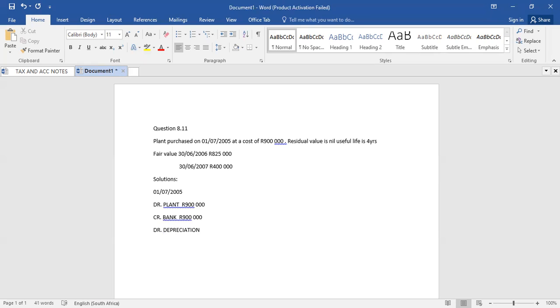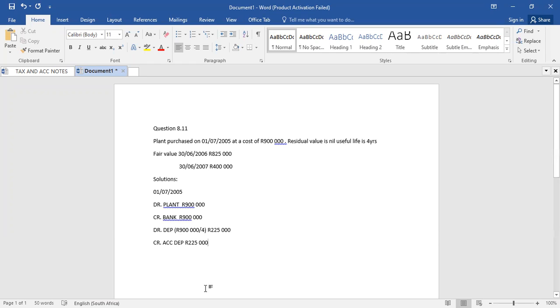How do you get it? 900,000 divided by the useful life, which gives 225,000. Then you credit accumulated depreciation with the same amount.